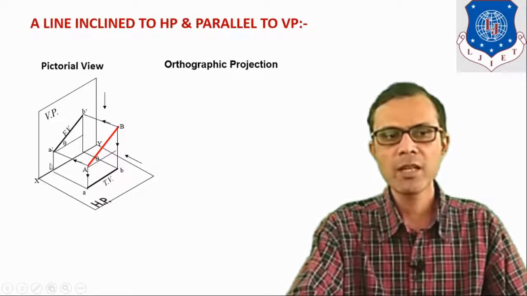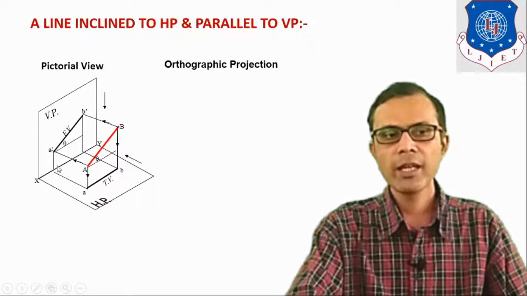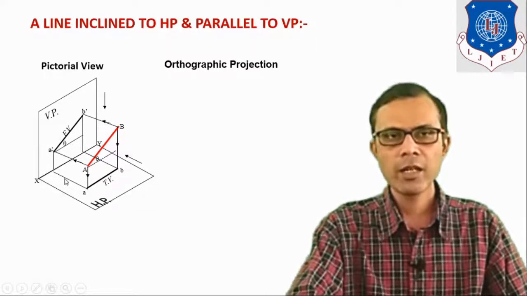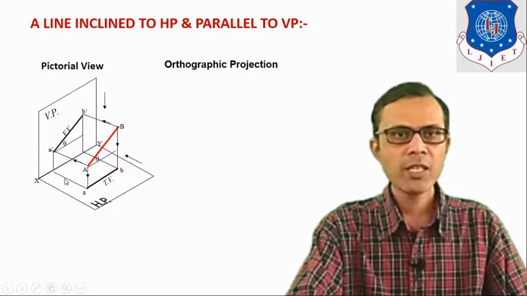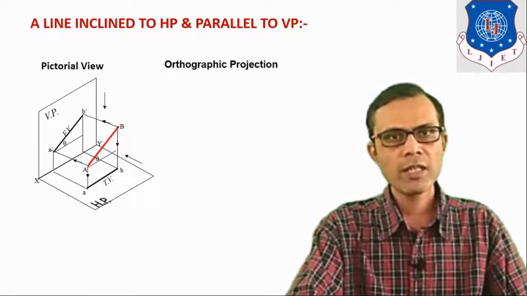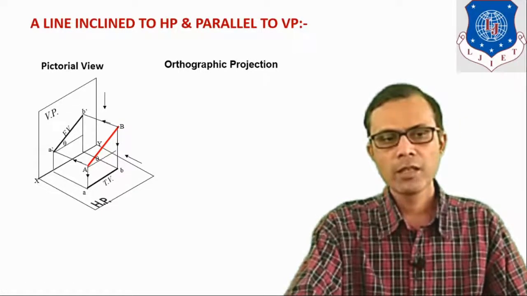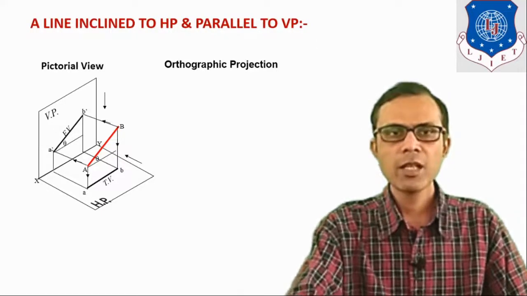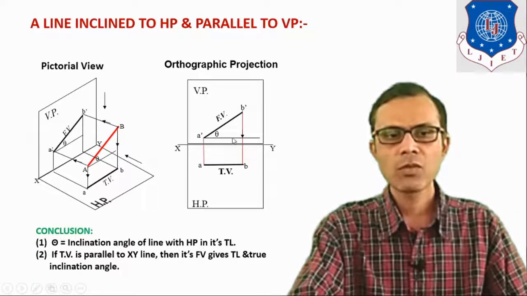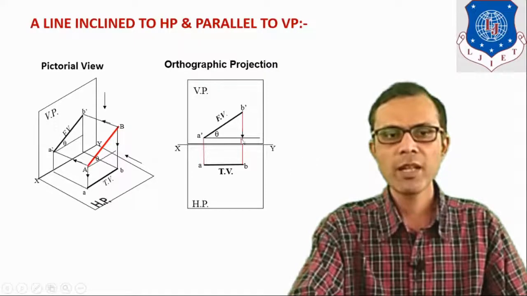With reference to the XY line, the distance of A above HP is the same distance we take here above the XY line, and this distance is in front of VP. That similar distance is here, in front of VP. When HP is rotated in clockwise direction by 90 degrees, that distance we take below the XY line. So first we have to draw this XY line.